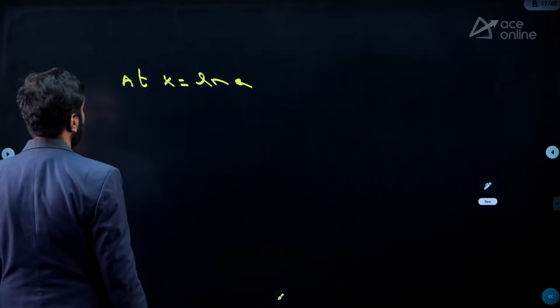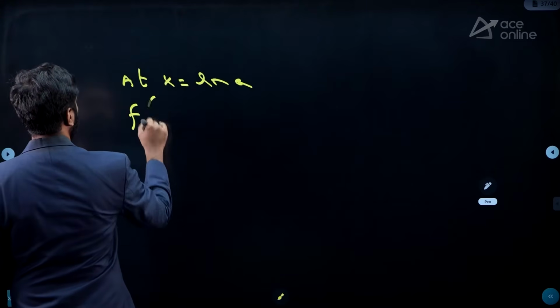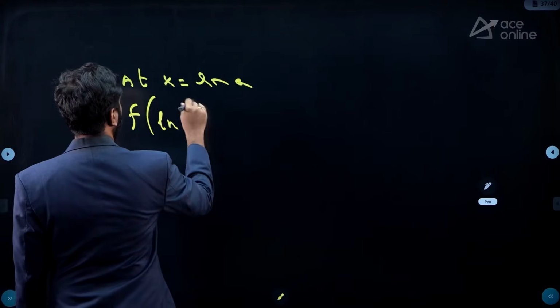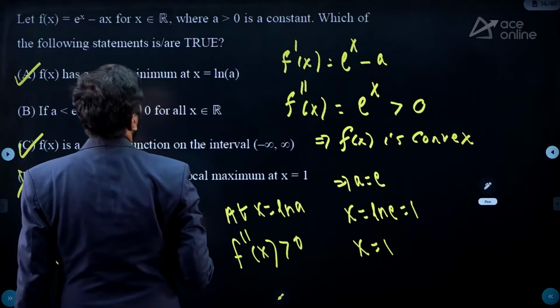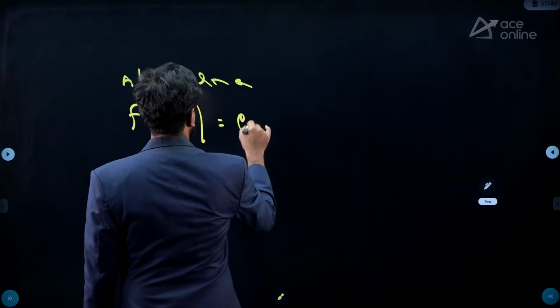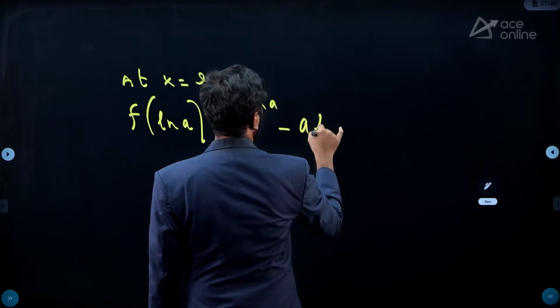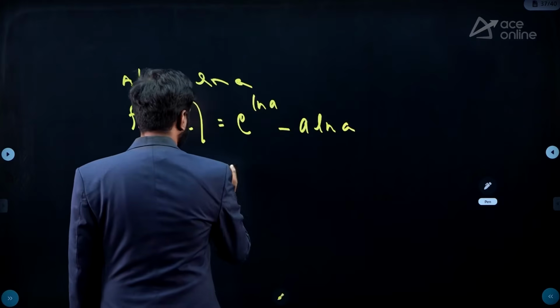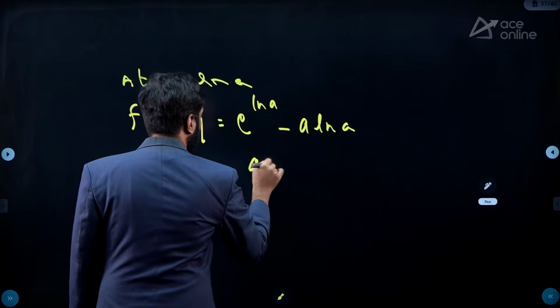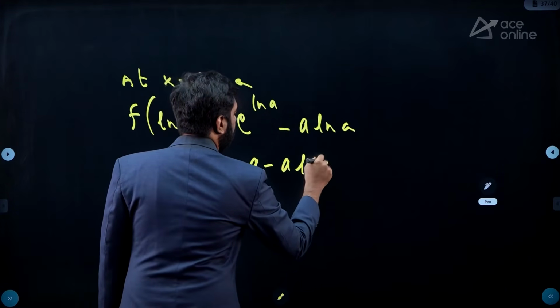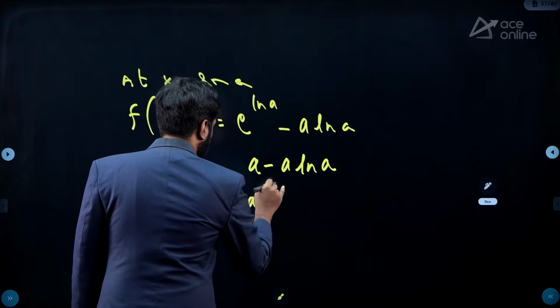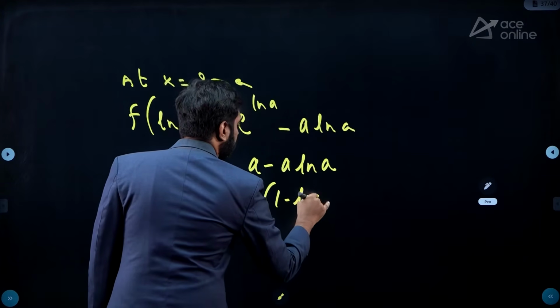So when you say it's a global minimum, let's try to find the value at ln a. So what's the value at ln a? It is e power ln a minus a into ln a. e power ln a is a, minus a into ln a. So this is a into 1 minus ln a.